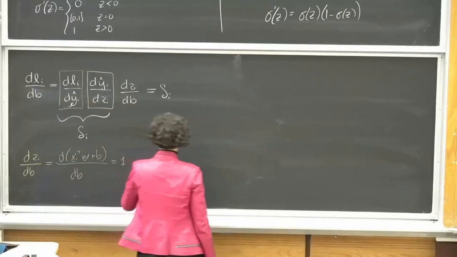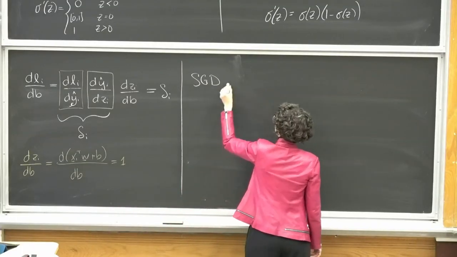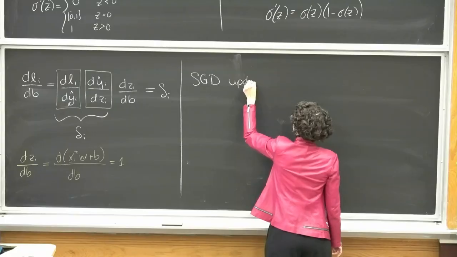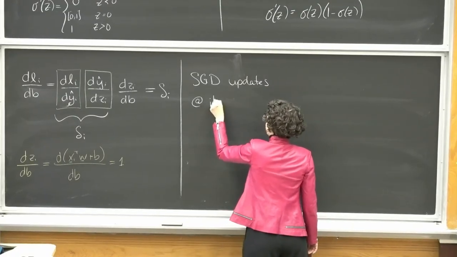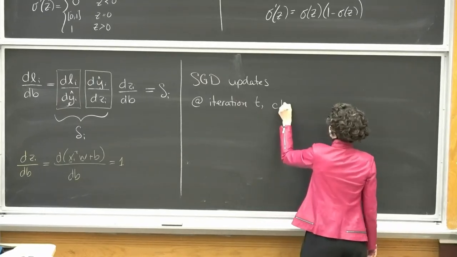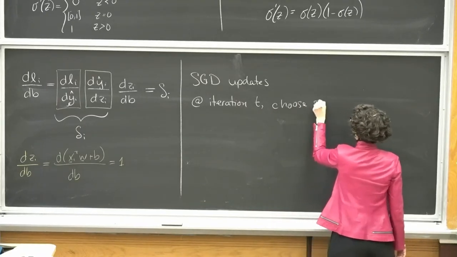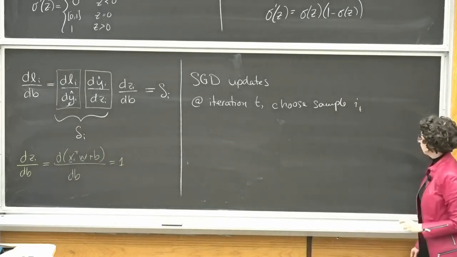And so we then have our stochastic gradient descent updates. So at iteration t, we are going to choose a sample i sub t.